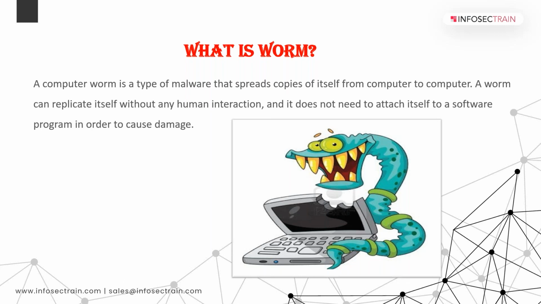A worm is a malicious program that originates on a single computer and searches for other computers connected through a local area network. When it finds another computer, it replicates itself to that computer and continues to look for all the connected computers in the network. That is the main difference between a worm and a virus.